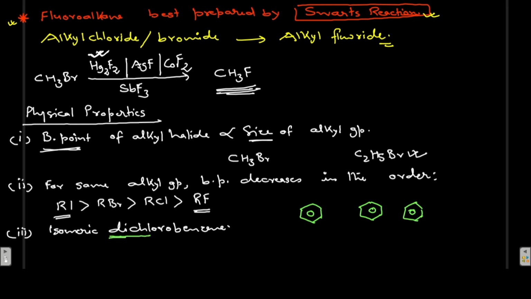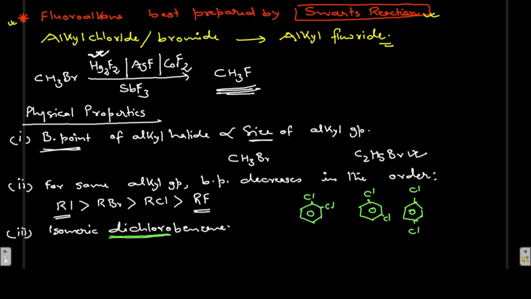Dichloro means two chlorines. It means two chlorines are attached to benzene. Suppose I am keeping one chlorine here and one chlorine here. Only one chlorine can be attached to one carbon. One chlorine here, one chlorine here. One chlorine here and one chlorine here. And one chlorine here and one chlorine here.